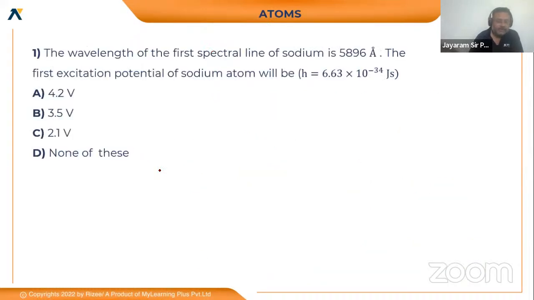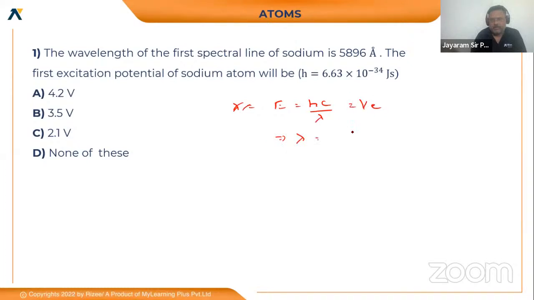Now let's see this particular problem. Here he has given the wavelength of the first spectral line of sodium, and he is asking for the first excitation potential. So lambda minimum, or we go for the general formula: E is equal to hc by lambda, which is equal to the potential into charge.